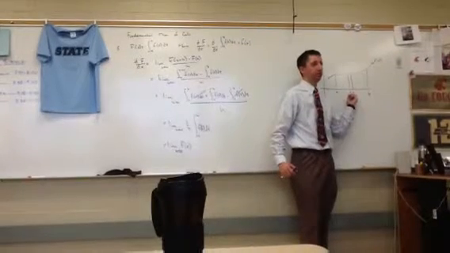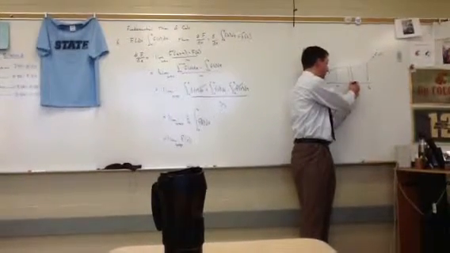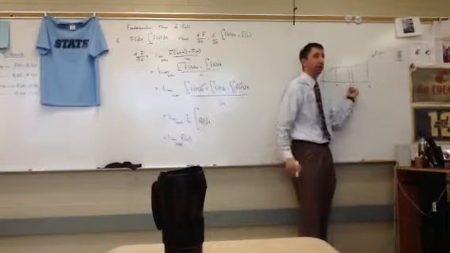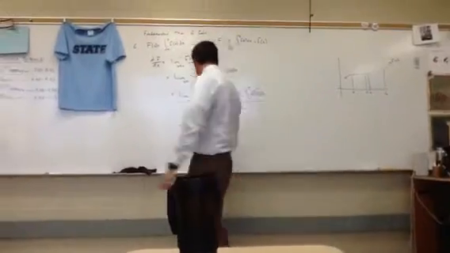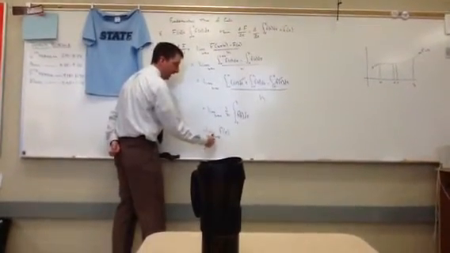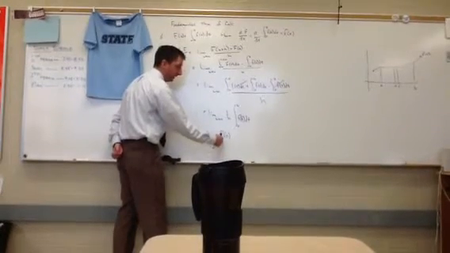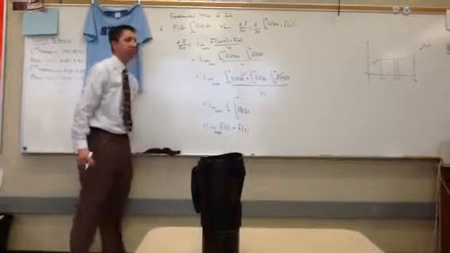H is basically getting closer and closer to x, isn't it? Okay. So really, what happens here is as h goes to 0, this function just becomes f of x.